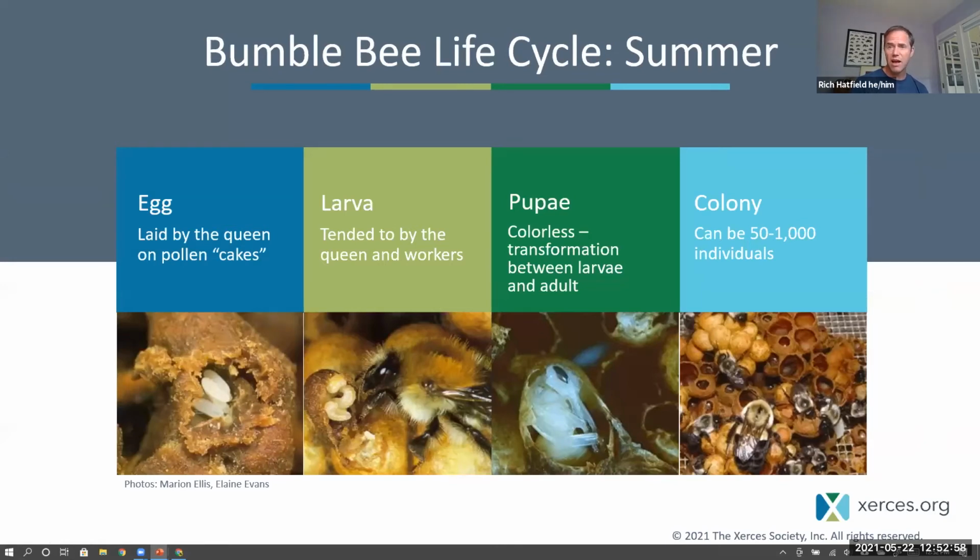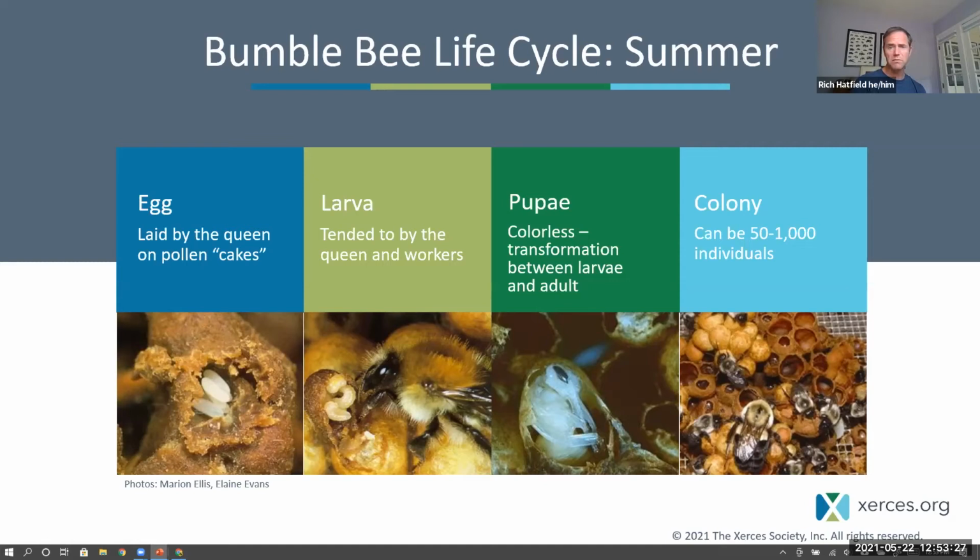It's believed that soil moisture and sun can play a role in where these nesting sites are. And then in the summertime, once the queen has found a nest, she will start to lay her eggs, and she builds these waxen pots, and she fills them with pollen mixed with a little bit of nectar. So it's like a pollen cake. And then she lays her eggs directly on those. Once the eggs hatch, she'll spend some time feeding her larvae as they eat through the pollen stores in that waxen pot.